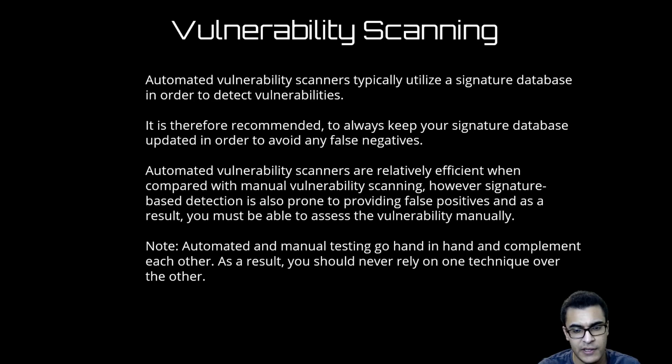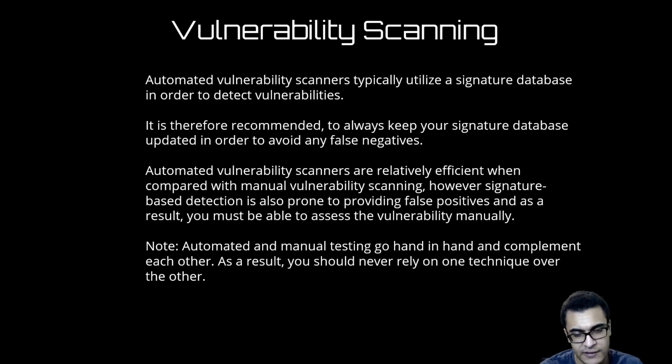The key point here is that while vulnerability scanners like Nessus or OpenVAS are extremely useful and efficient and simplify the process of identifying vulnerabilities, they, number one, in some cases will provide you with false positives based on whatever happened during the scan. And secondly, you should have the ability to assess a vulnerability or the actual exposure, or confirm the existence of a vulnerability on the target system manually.